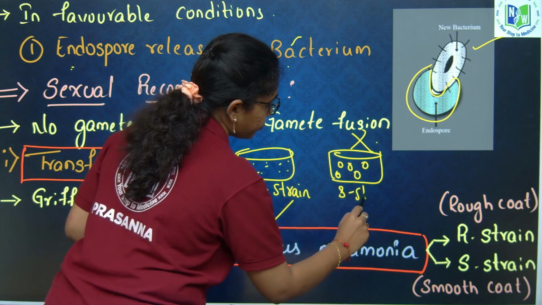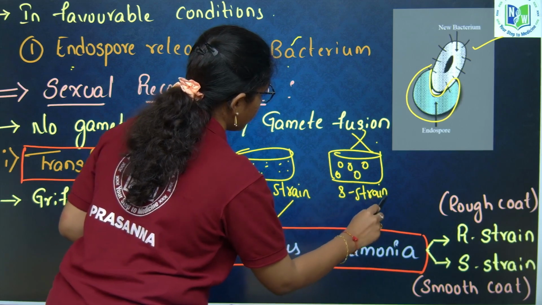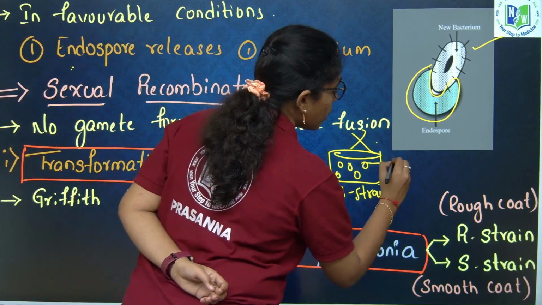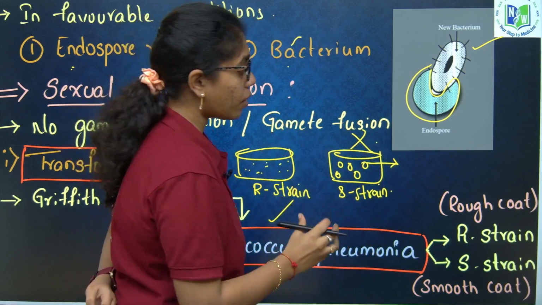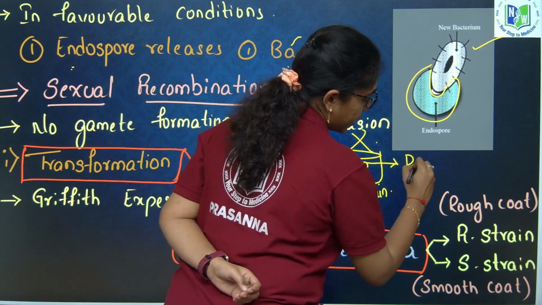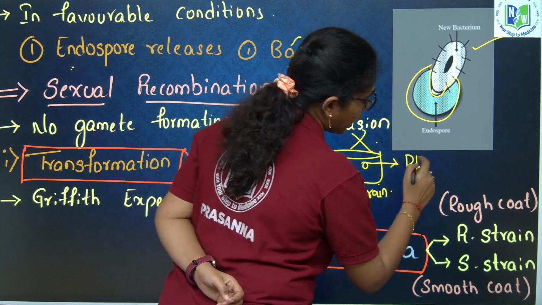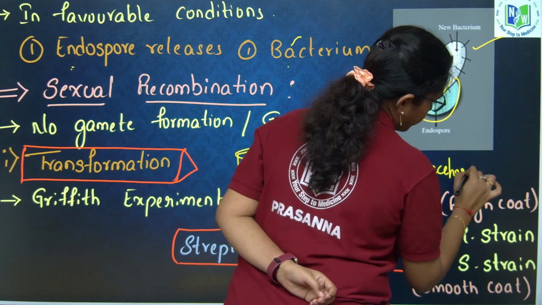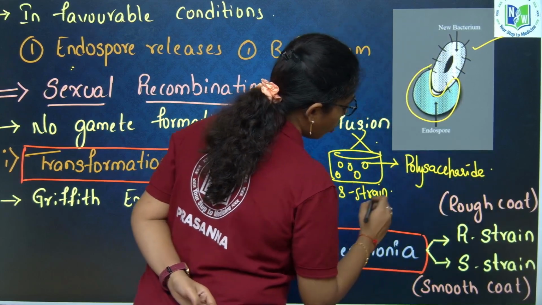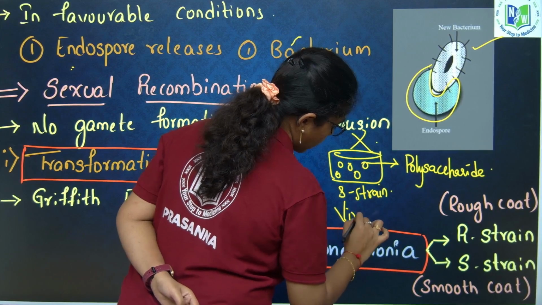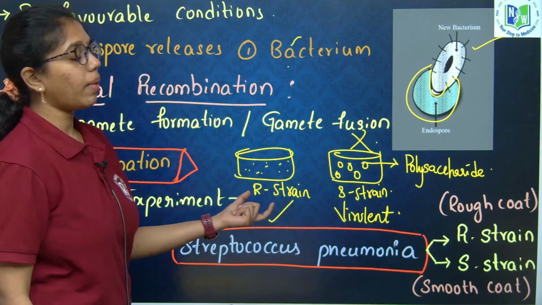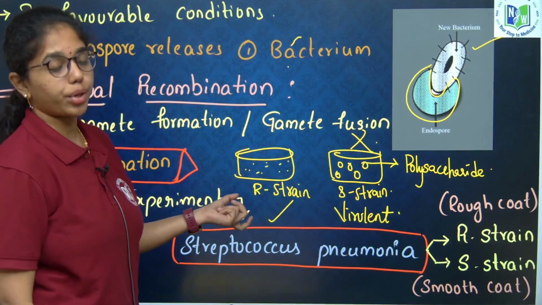The bacteria found in the S strain are shiny because of the polysaccharide coat. They have a coat over the bacteria called the polysaccharide coat, which makes the bacteria more virulent, whereas R strain bacteria do not have any coat over them.